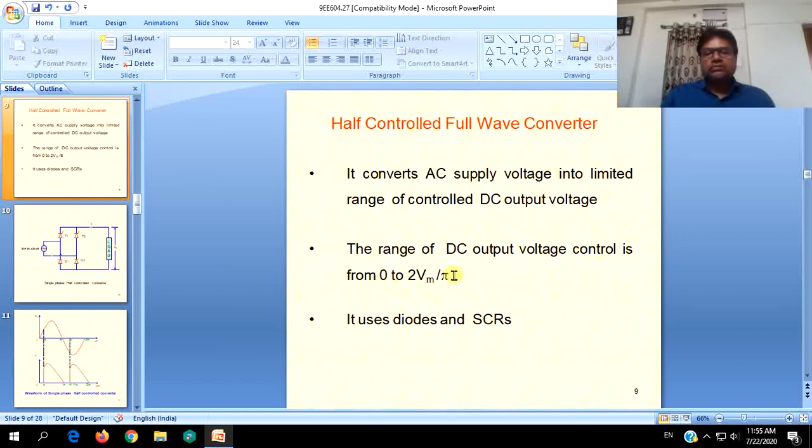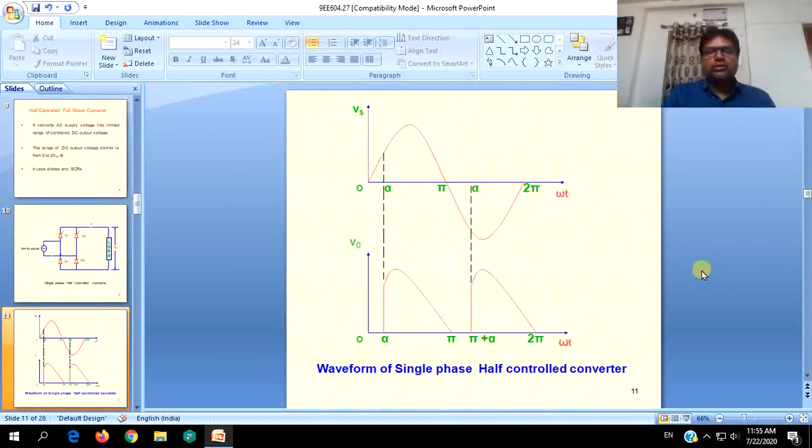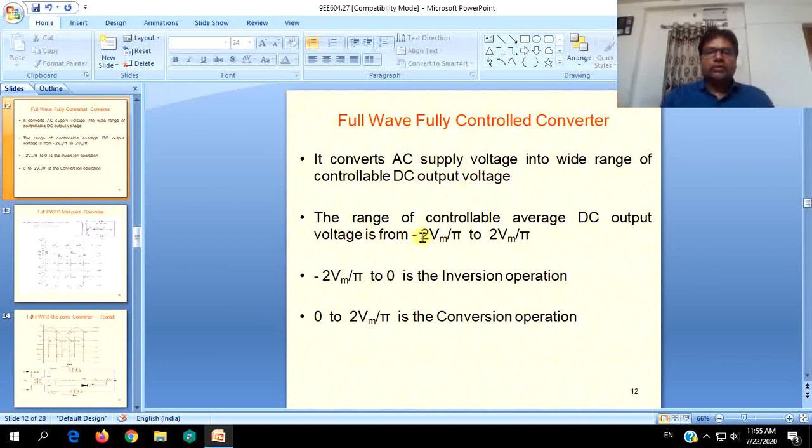Added to that, minus 2Vm/pi to 0 can also be controlled. So the range is doubled in the case of the full wave fully controlled converter. Minus 2Vm/pi to 0 is called the inversion operation, whereas 0 to 2Vm/pi is the conversion operation.